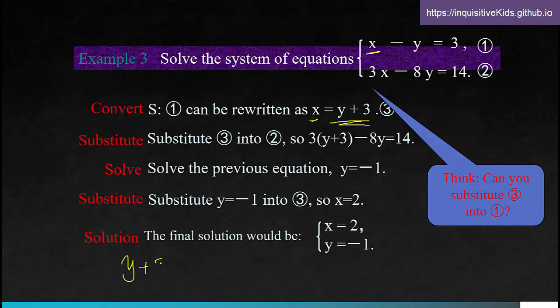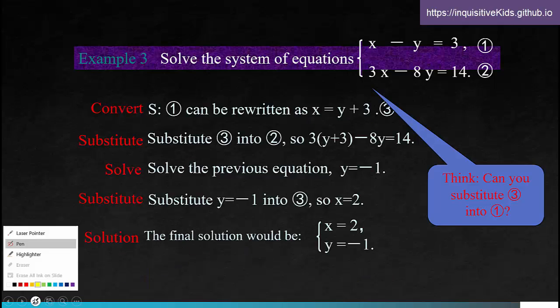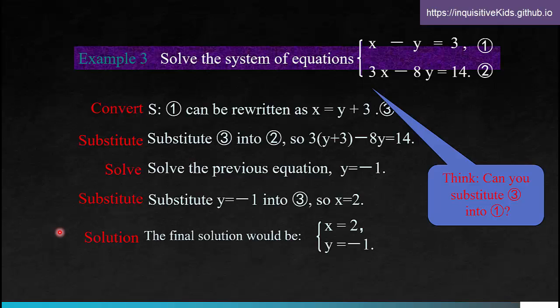y plus 3 minus y is equal to 3. Let's simplify that. So y minus y cancels out, and of course 3 is equal to 3. This doesn't make sense. This doesn't give us any more progress because technically you can think of equation number 1 and equation number 3 not as 2 distinct equations.